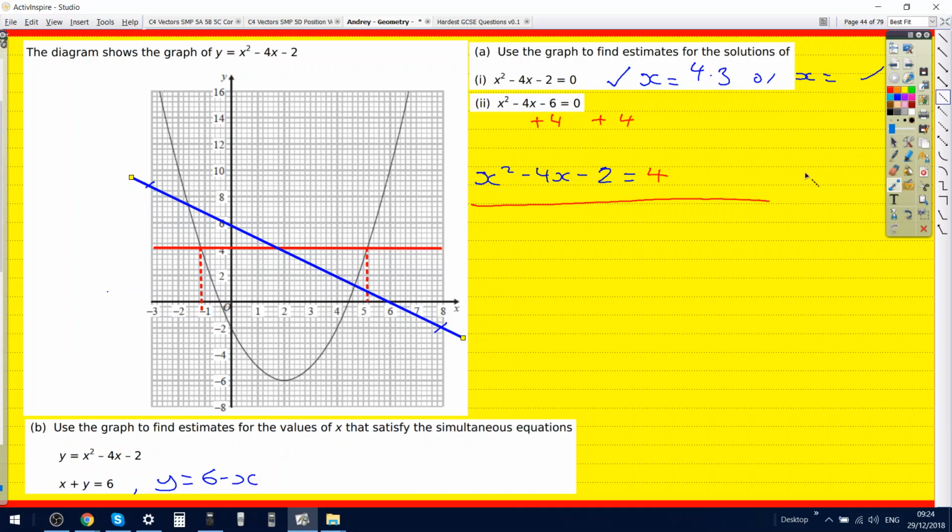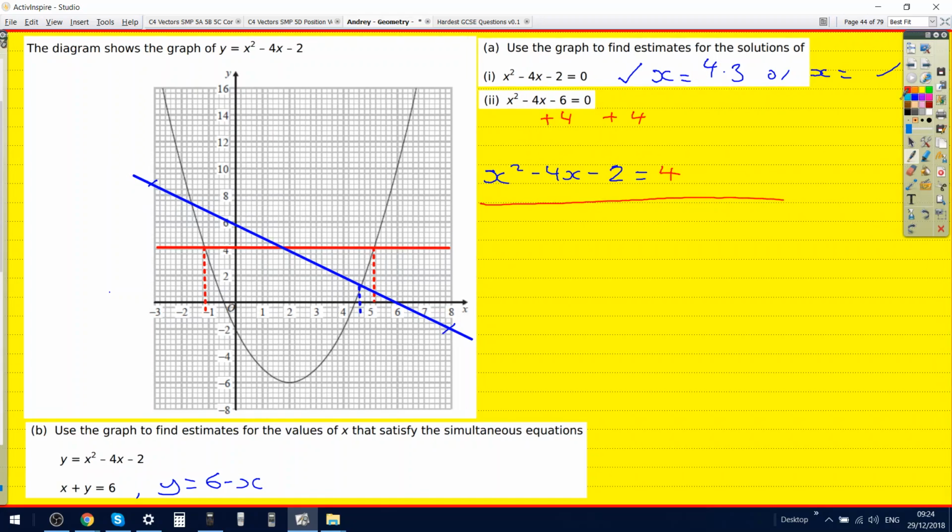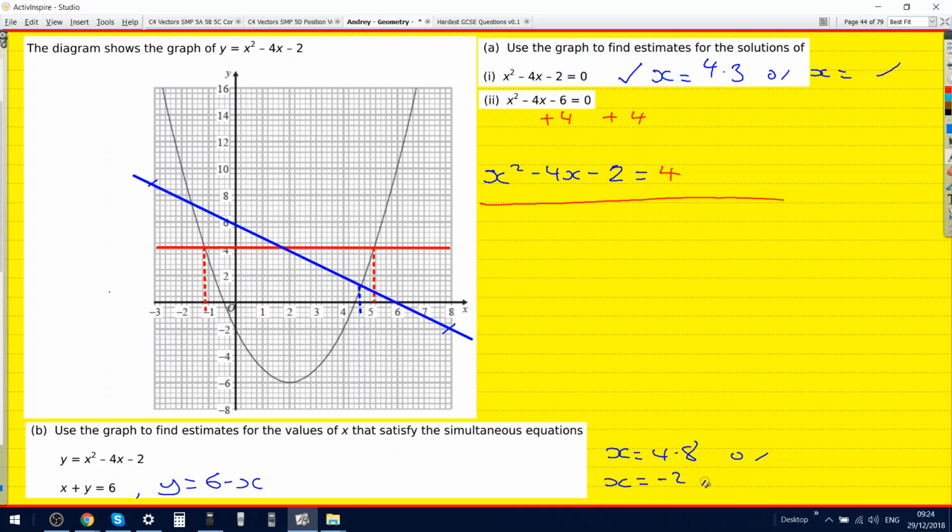Or an estimate? Yeah, so 4.8 or something. Okay, something like that. And you'd use your ruler, do it as accurately as you can. So x equals 4.8, or x equals, put in the negative one as well, minus 2 or something.